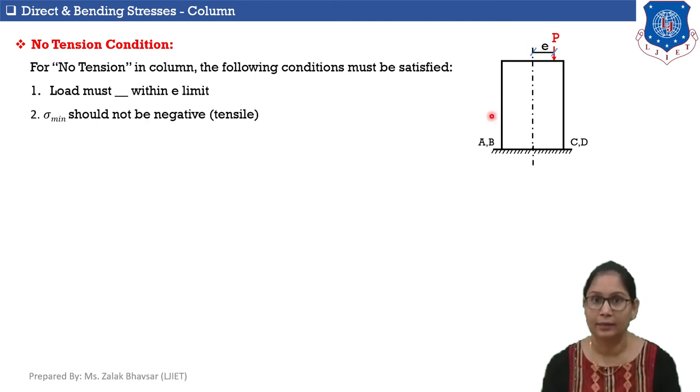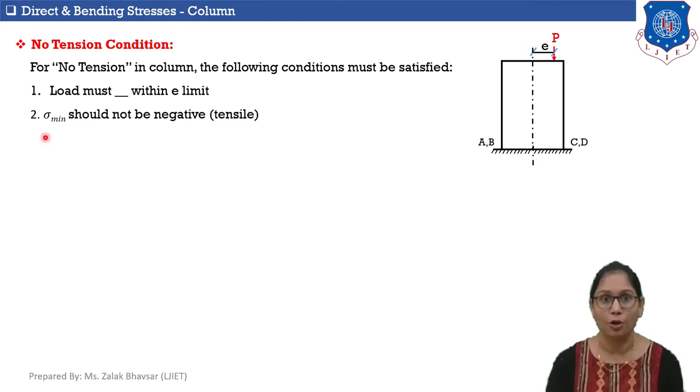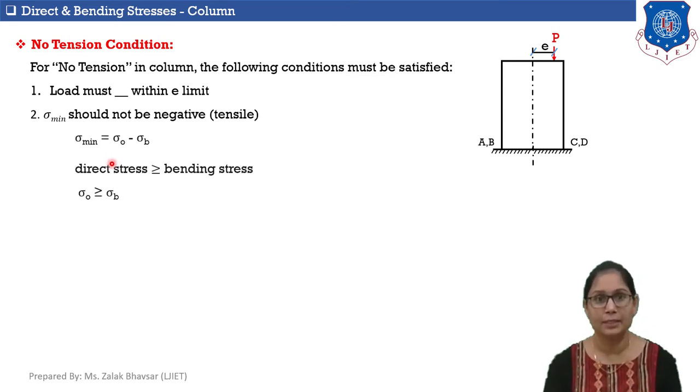Here we also discuss it. Face AB will be subjected to sigma minimum. And for the no tension condition, we need to design a column section in such a way that sigma minimum should not be negative. Sigma minimum is equal to sigma 0 minus sigma b, where sigma 0 is direct stress and sigma b is bending stress.